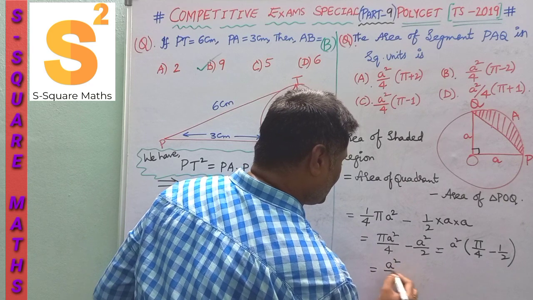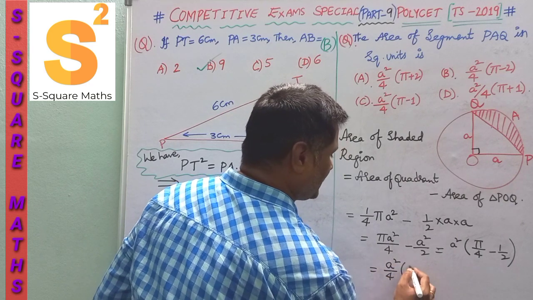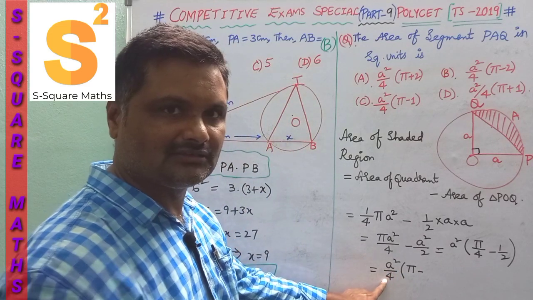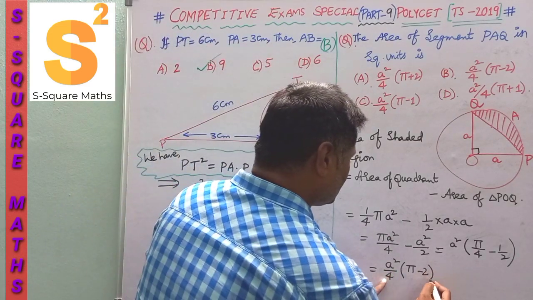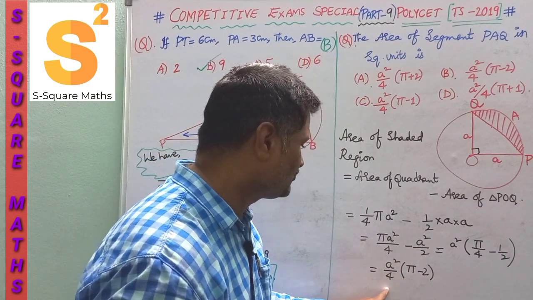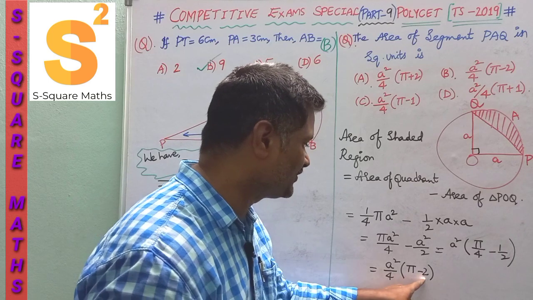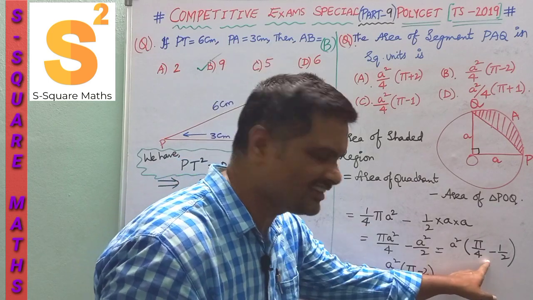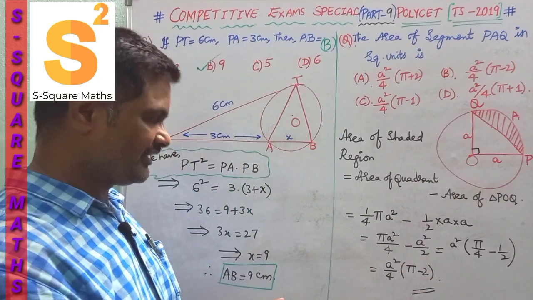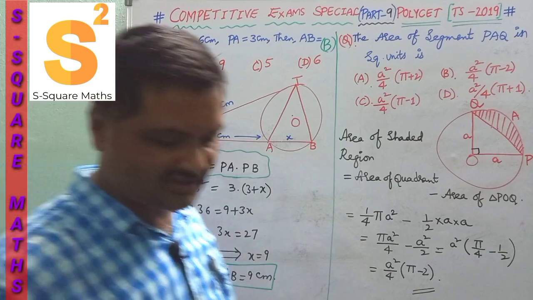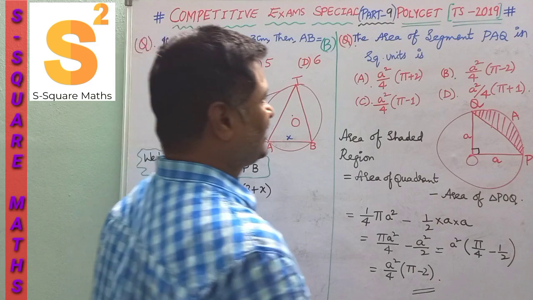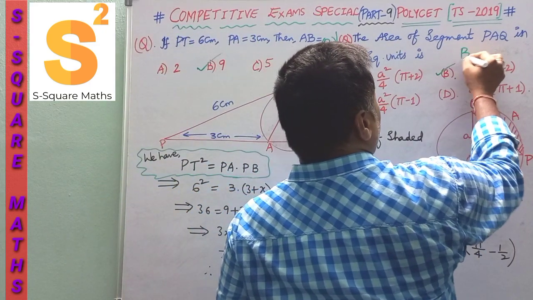If I take A square by 4 as common, the remaining part is pi minus 2, since I have taken 4 as common. You can check it also: if you multiply with 4, pi by 4 minus 1 by 4 into 2, 2 once, 2 twice, we get the same expression again. So this is the area of the shaded region PAQ. From the options, A square by 4 into pi minus 2 gives you the B option.